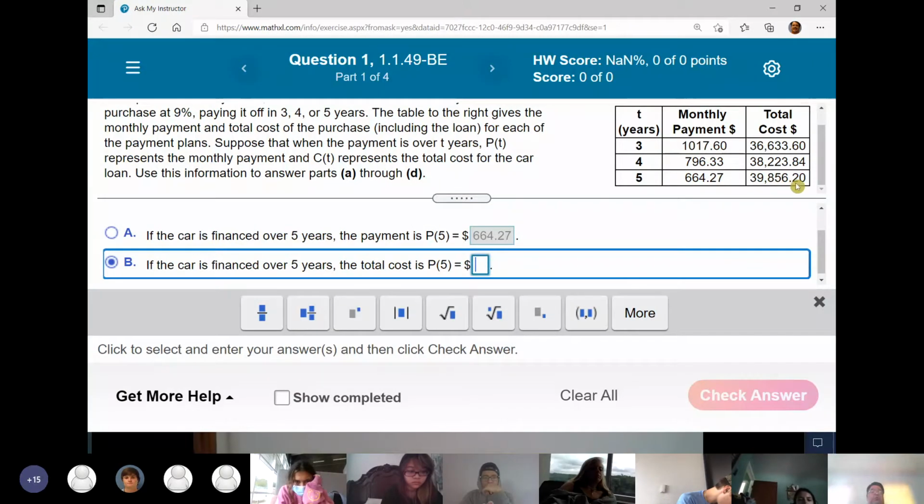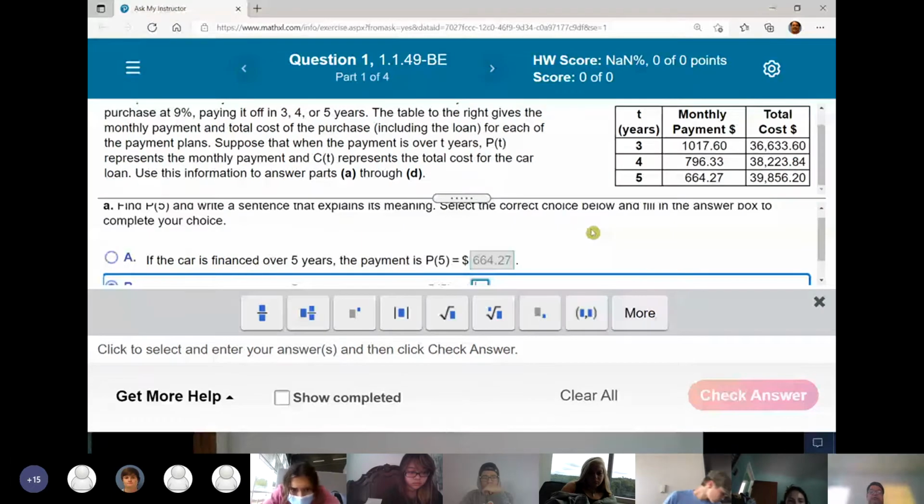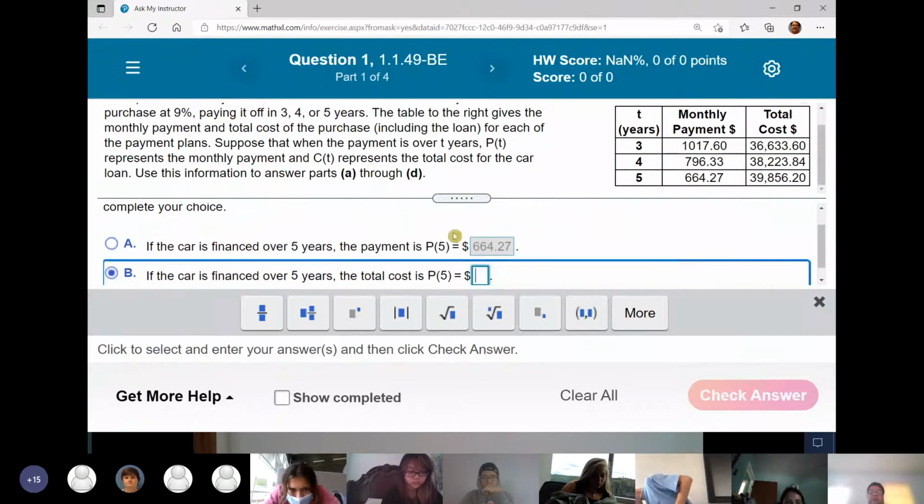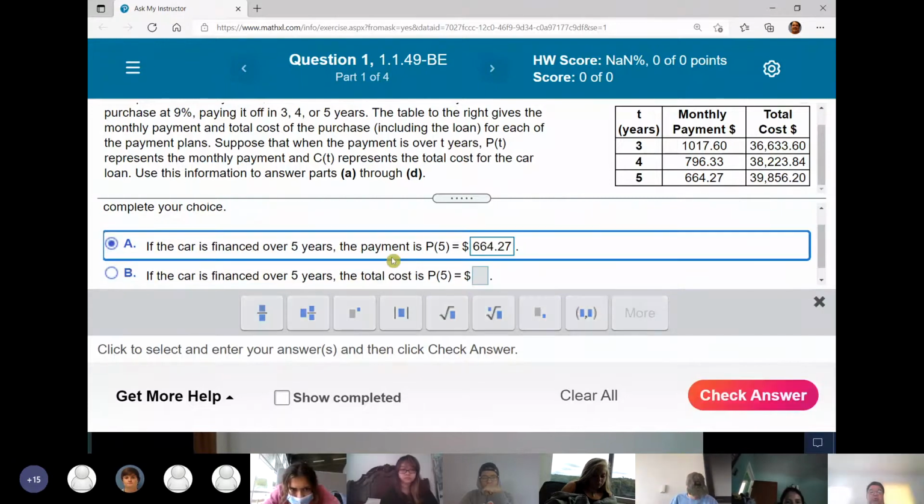I'm a little bit confused on which one they want. Anybody want to help me out here? Find P of 5 and write a sentence that explains the meaning. Select the correct choice and fill in the answers. Am I wrong, or could you answer both of those?